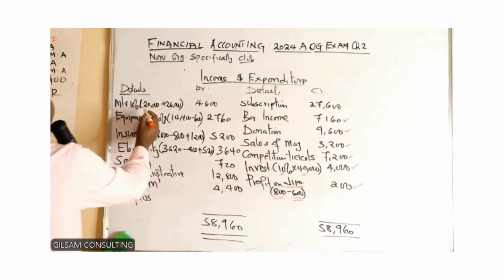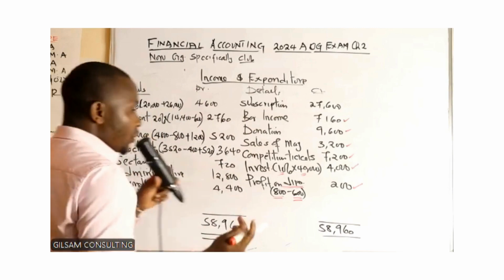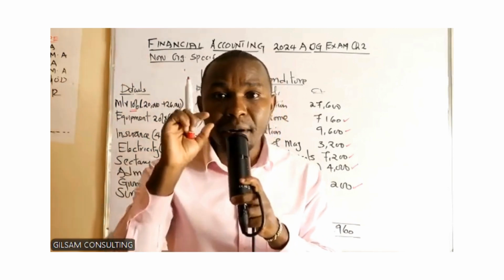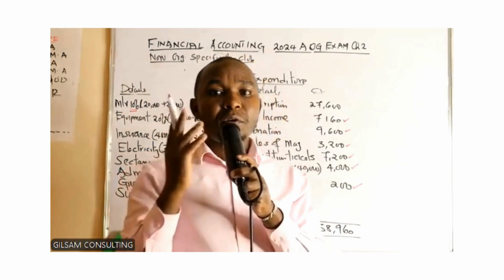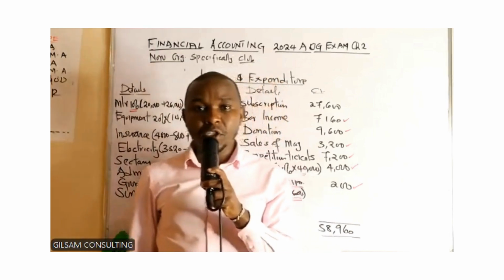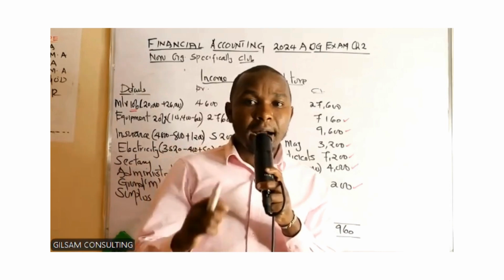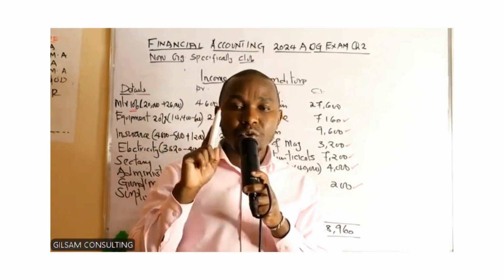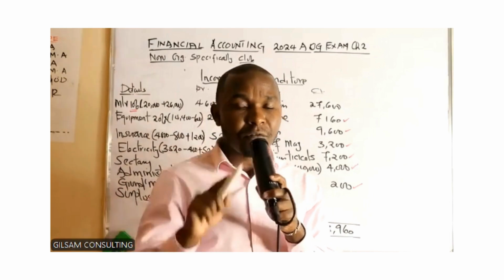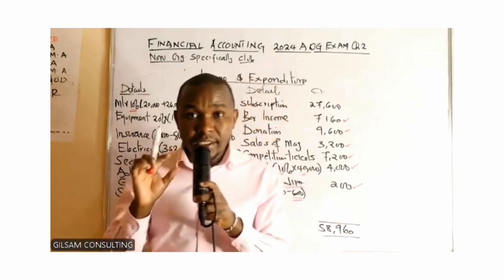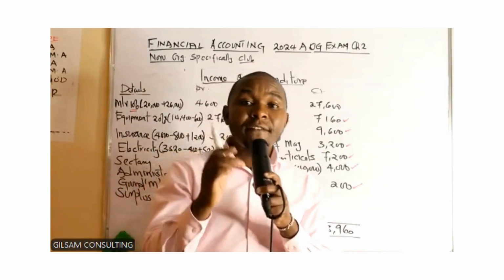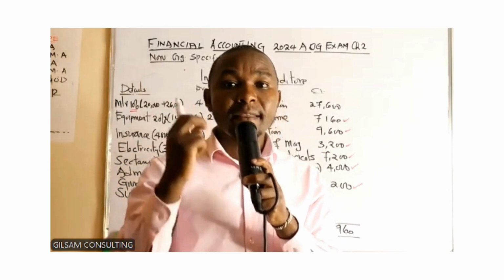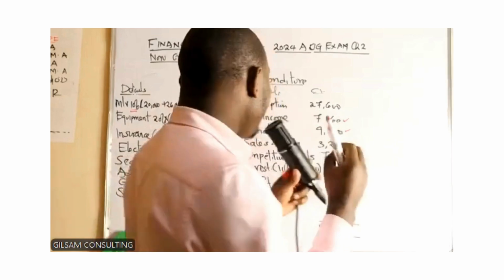Number 1 is the depreciation. In that note, we have been told the depreciation is 10%, but on a reducing balance basis. Remember, we have 2 methods of calculating depreciation, straight line method and the reducing balance method. So when you are asked to use the reducing, we use the net book value. And the key note here you must take is that whenever you have been given the 2 financial years, then automatically those values are in the net book value.